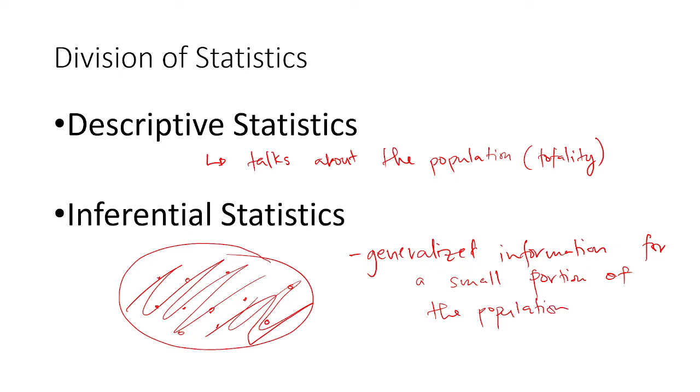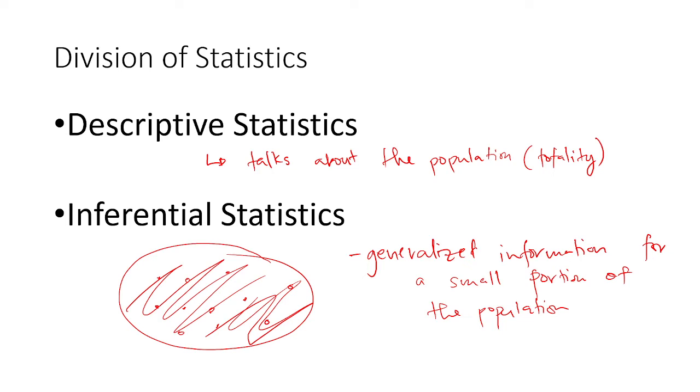Okay. So ano ba yung ilang example nitong inferential statistics na to? Ang ilang examples ng inferential statistics na to ay yung sa Pulse Asia, yung sa Social Weather Stations na mga surveys. Halimbawa, yung mga usong-uso ngayon. Surveys regarding sa kung sino ang iboboto ng mga Pilipino. Okay?